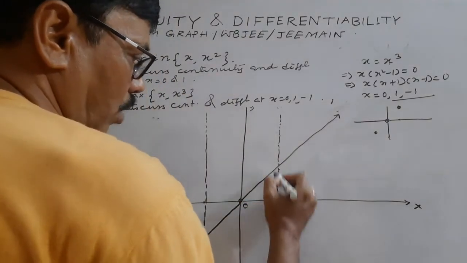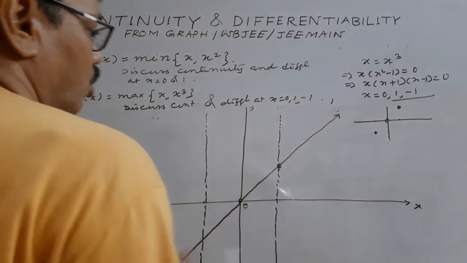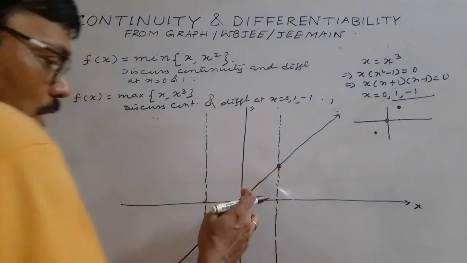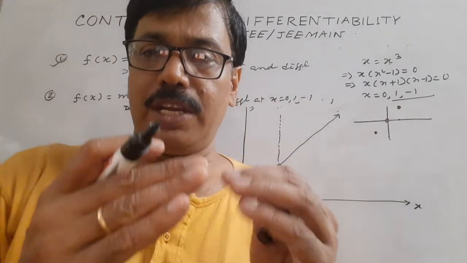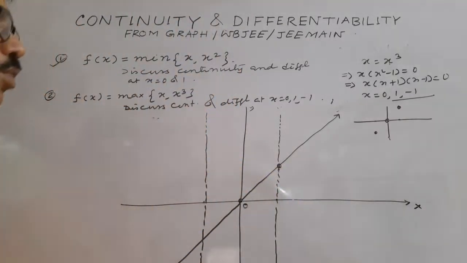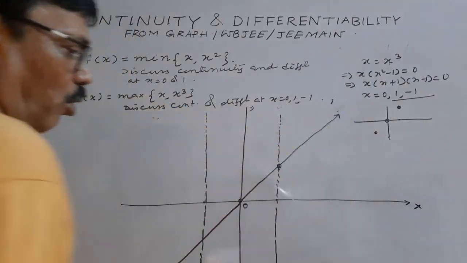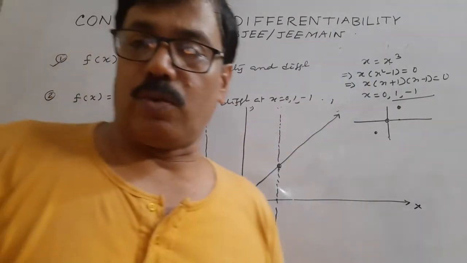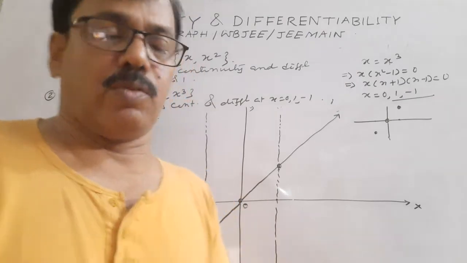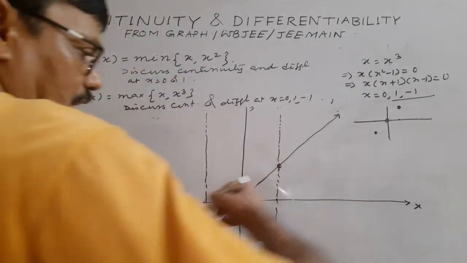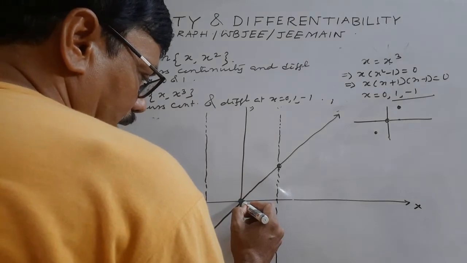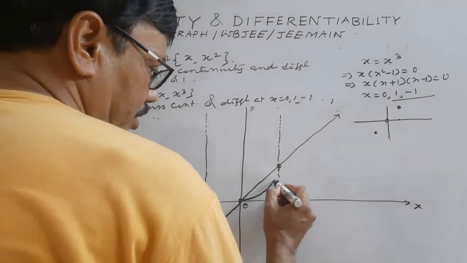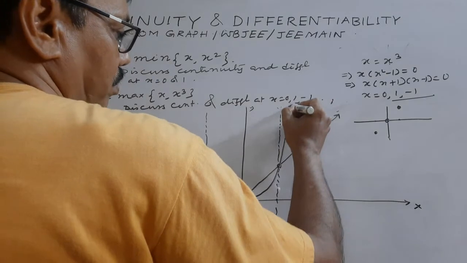At x equals 1, it is 1. So in 0 to 1, it will be below y equals x, because if the value lies between 0 and 1, then x cube is always less than x. But for greater than 1, it is increasing in nature. So roughly we are getting this type of graph.